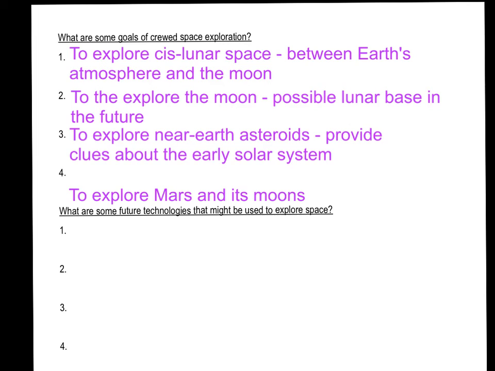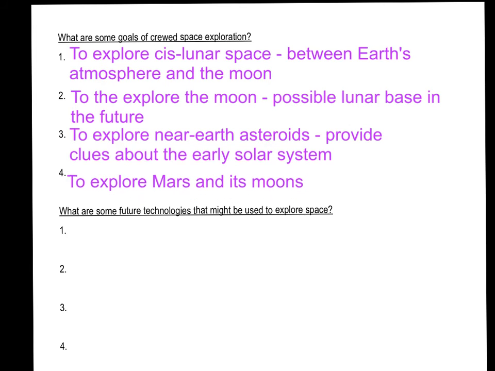And the fourth one is to explore Mars and its moons. As of right now, we have not had any people land on Mars. We've had rovers and landers go and send back information, but we haven't had people.